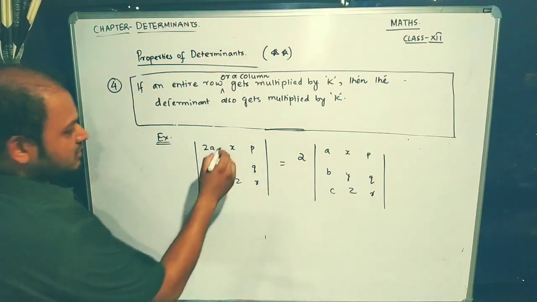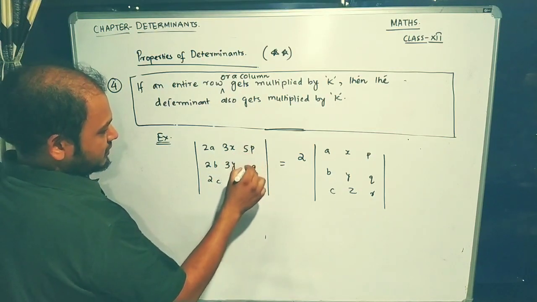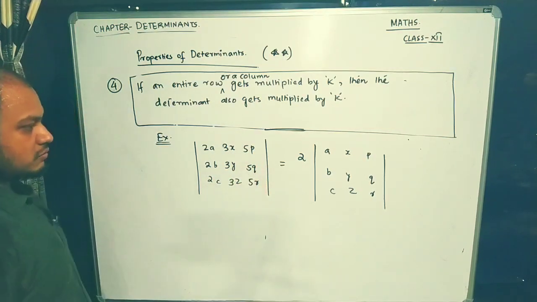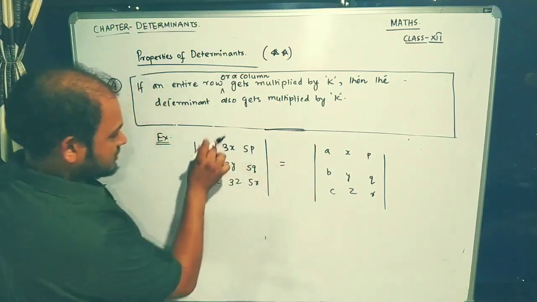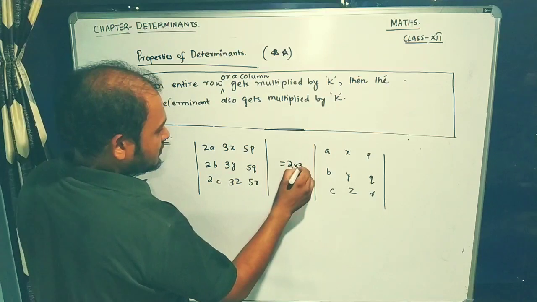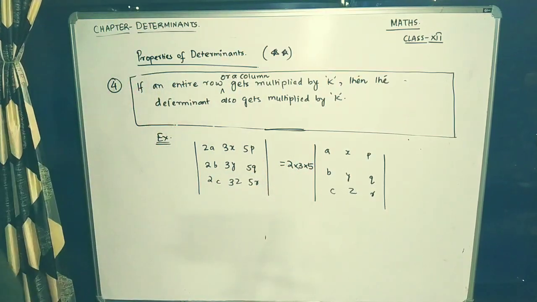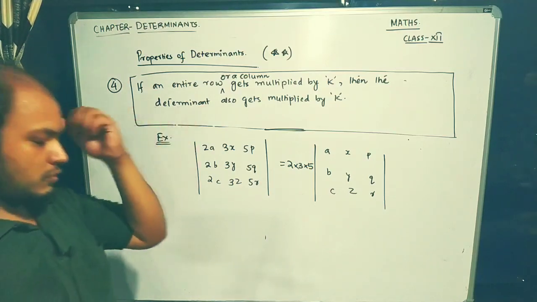Another example, suppose it is 3 here as well and a 5 here, then you could have easily taken all of these common factors. You can take 2 outside, 3 outside and also 5 outside this determinant: 2 into 3 into 5. So this is property number 4.